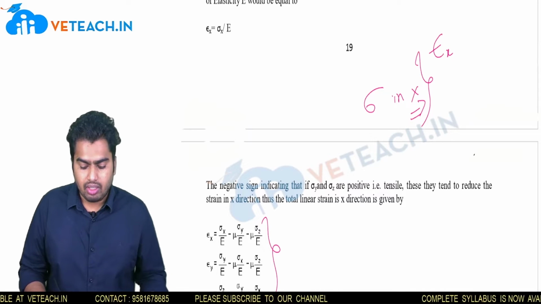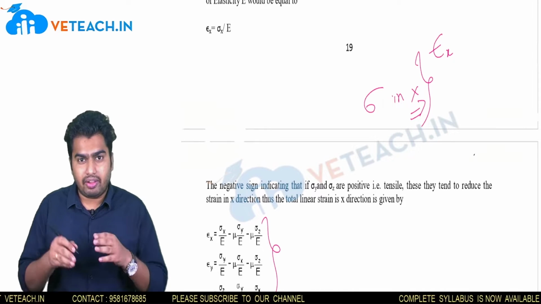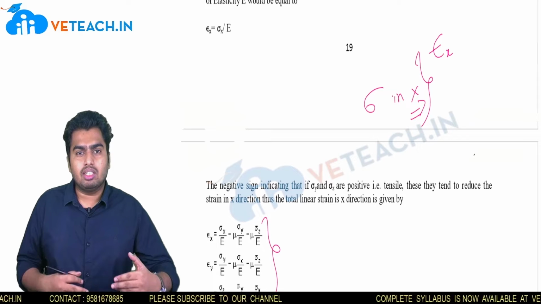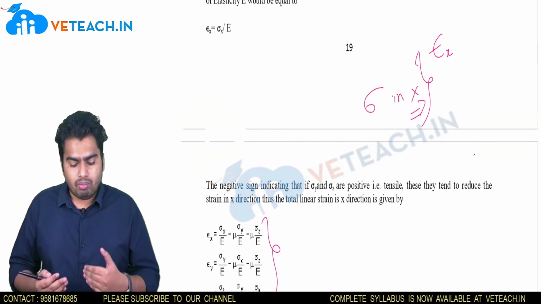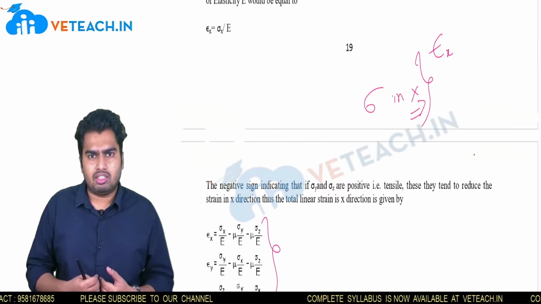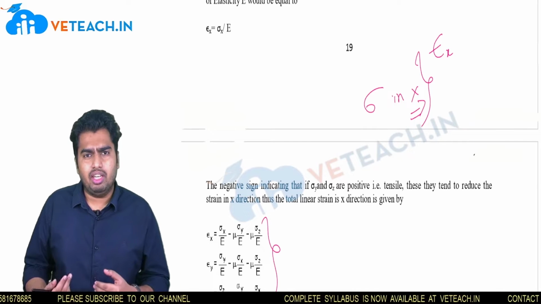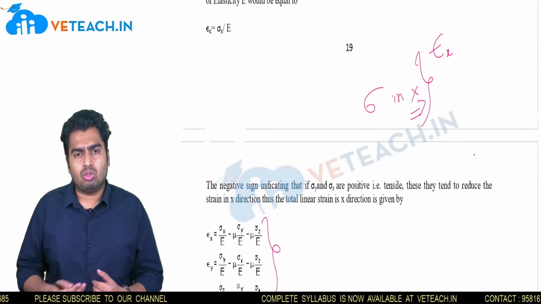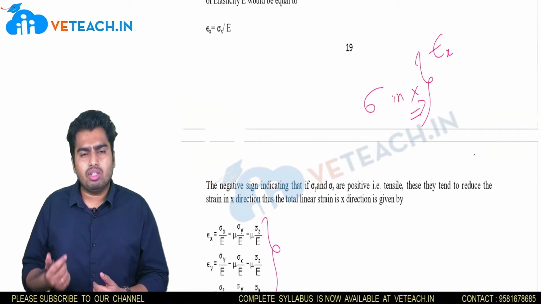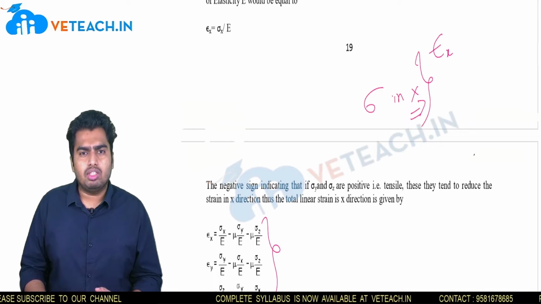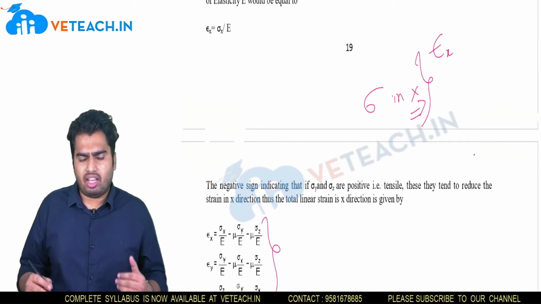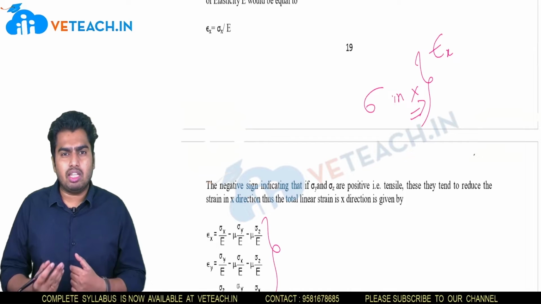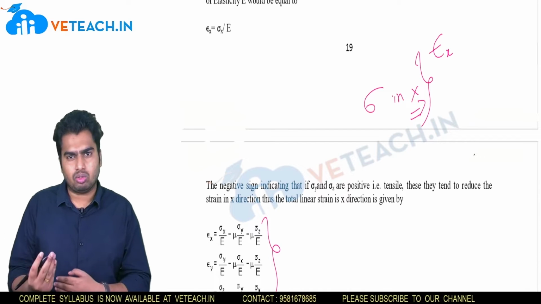And because of this stress in x direction, there is some strain in y and z directions also. How? Because of the property of lateral and longitudinal strain. When I apply stress in x direction, there will be a change in dimension in the y and z directions also.